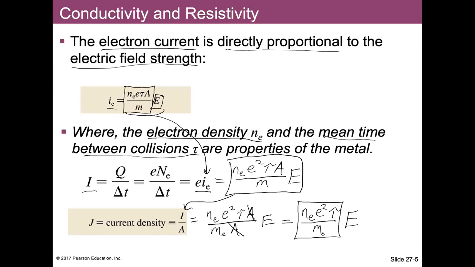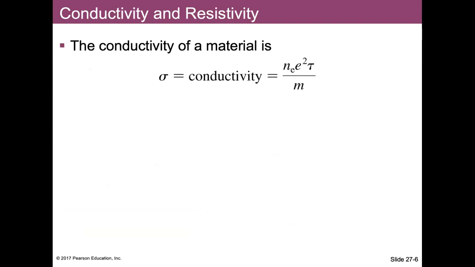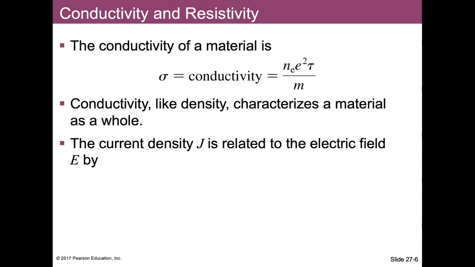And so we can use this constant right here, and we define it as our conductivity. So this is the conductivity of a material, and it is defined as the electron density times the charge of the electron squared times the mean time between collisions tau over the mass of the electron. And this, again, is conductivity.